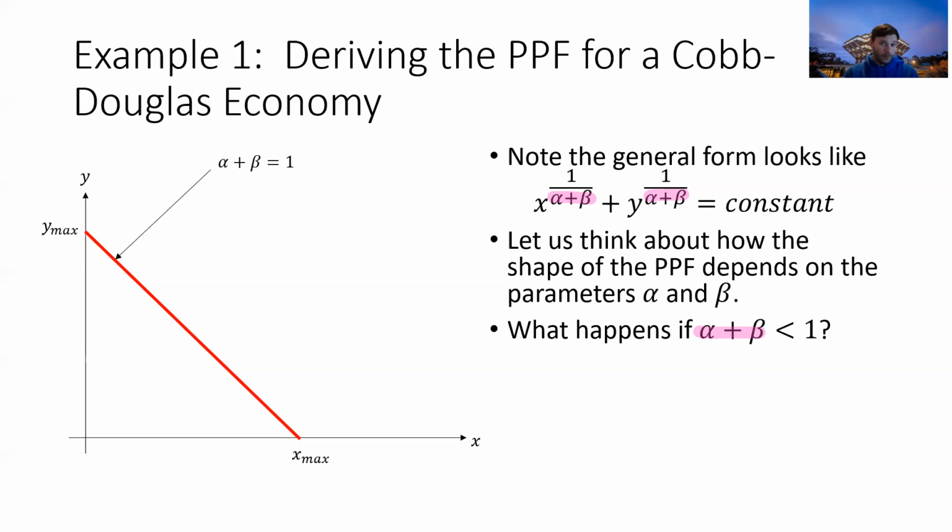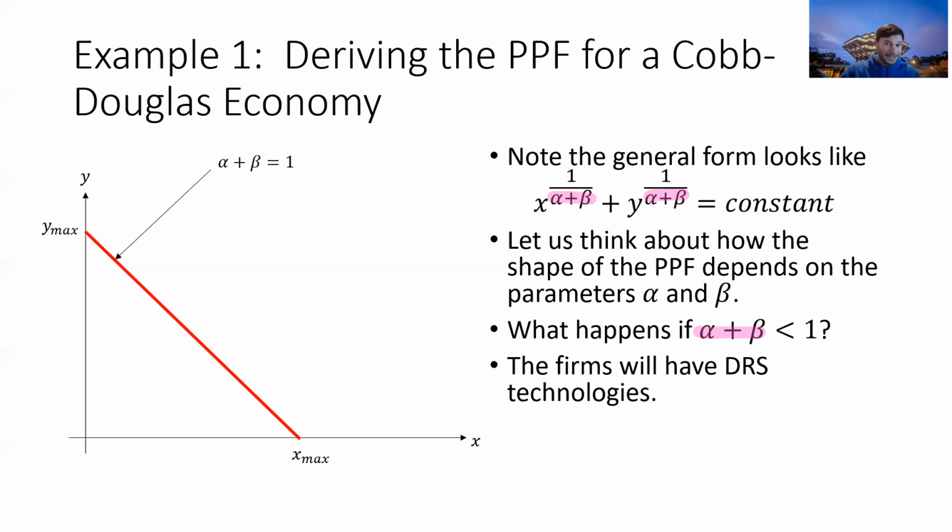Anybody remember what shape that is from maybe your calculus class, algebra, geometry class? X squared plus Y squared equals some constant. Yeah, it's a circle. It's absolutely a circle. Okay, if you have coefficients on X and Y, it can distort the circle into an ellipse. But here's my point. If alpha plus beta are positive, but their sum is smaller than 1, then we're going to get some sort of diminishing returns to scale technologies.